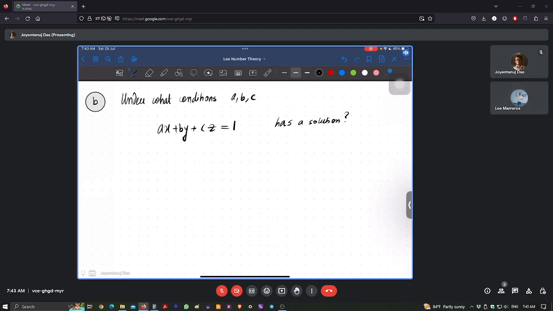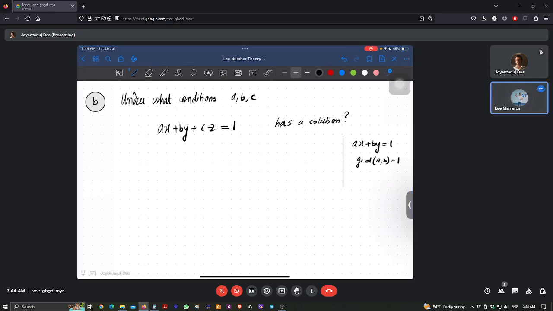So this is the three variable case. If you remember, for two variables, ax plus by equals 1 only has a solution when the GCD of a and b is 1. Similarly, can we say something here?